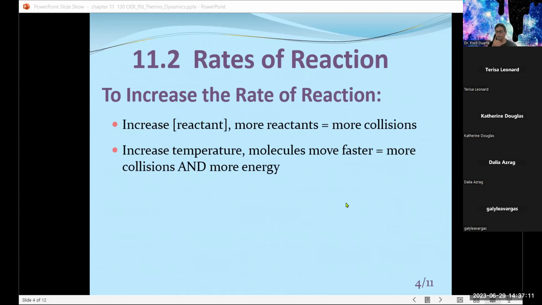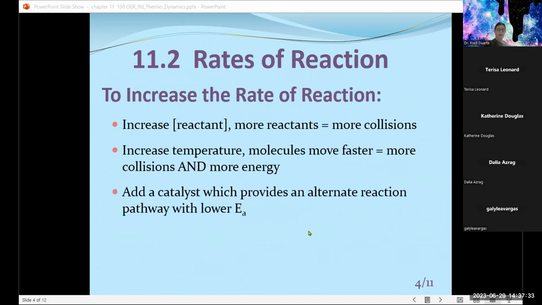So increasing the temperature makes the molecules move faster, which increases the collisions, which increases the probability of having the right orientation. And the energy also makes sure that you have enough energy to overcome the energy of activation.